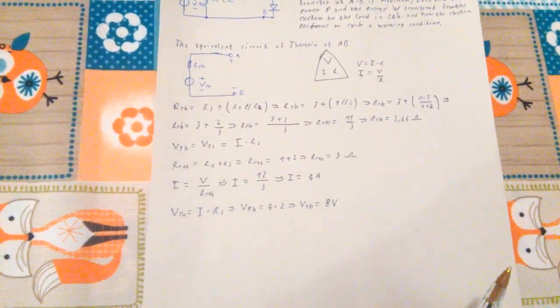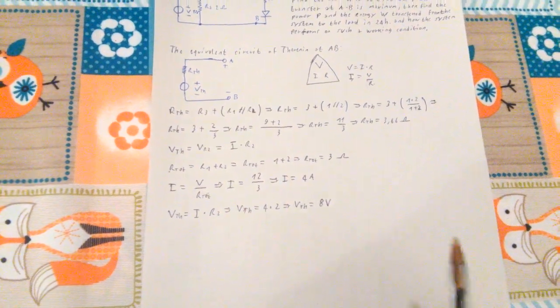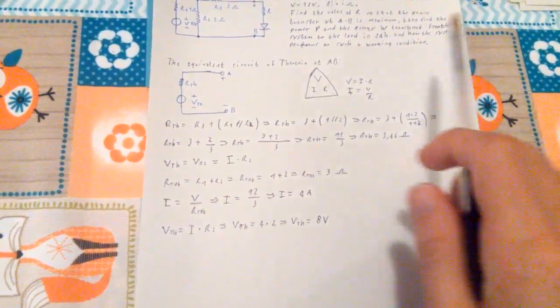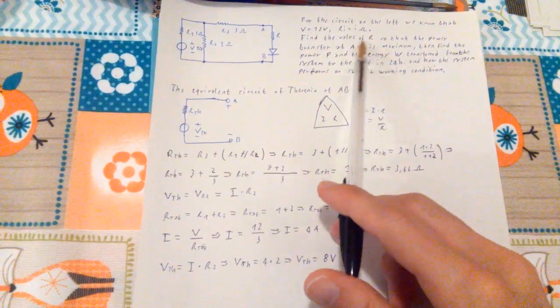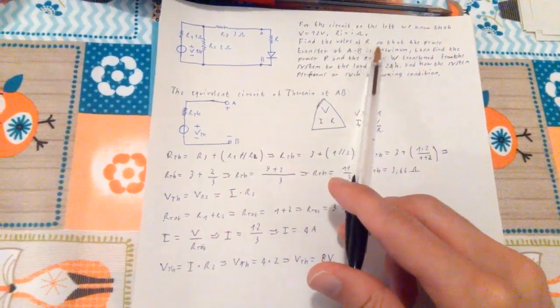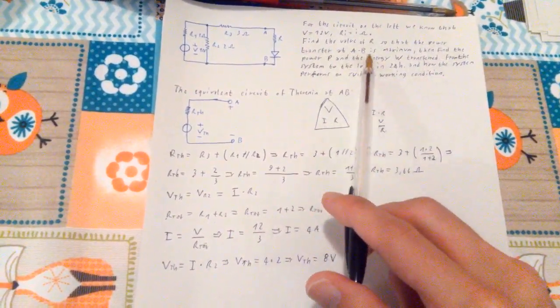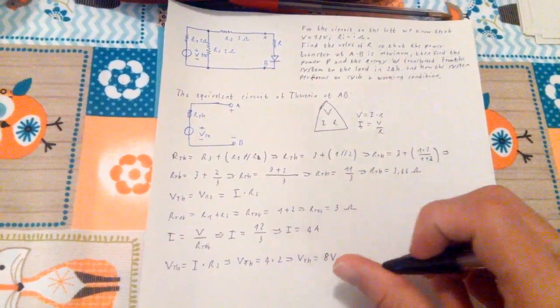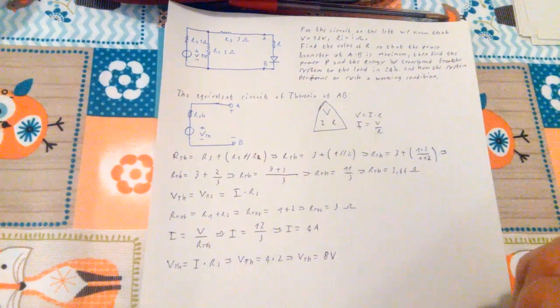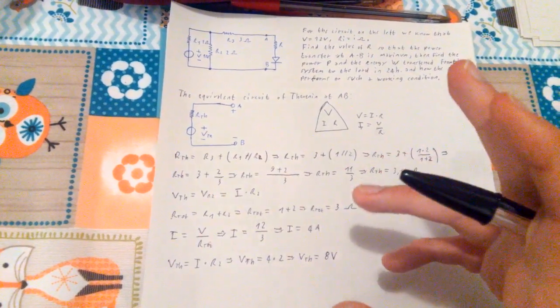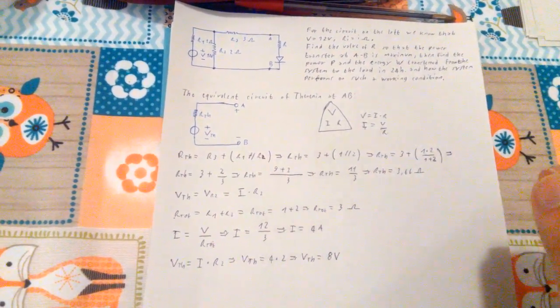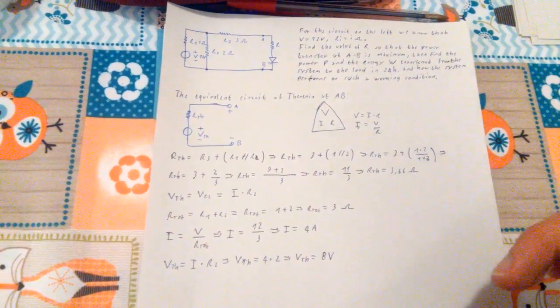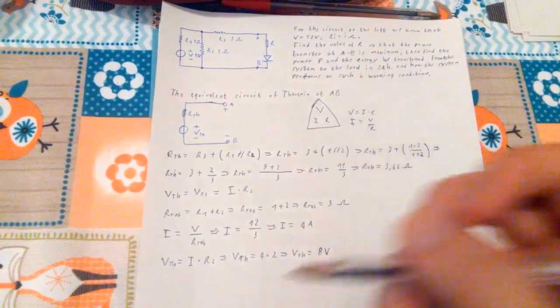Now, the problem is actually asking us to find the value of R so that the power transfer at AB is maximum. But the maximum transfer of power is actually when R is equal to RTH, which is equal to 3.666.